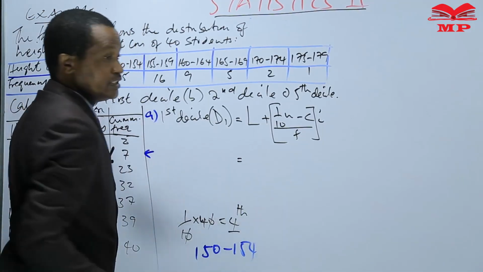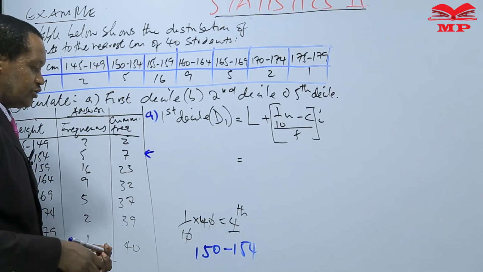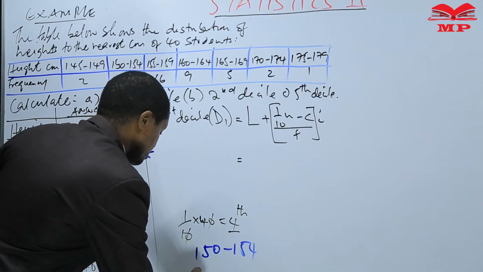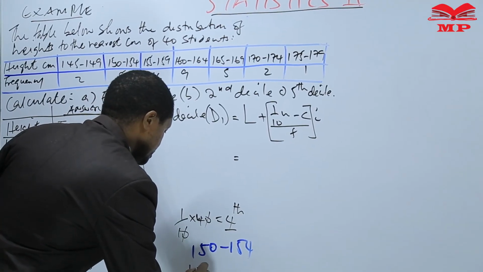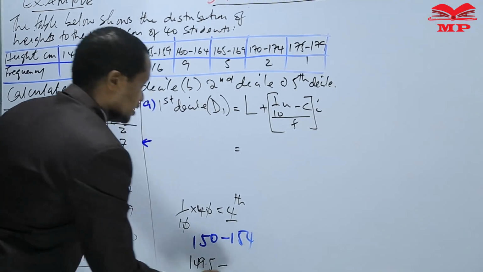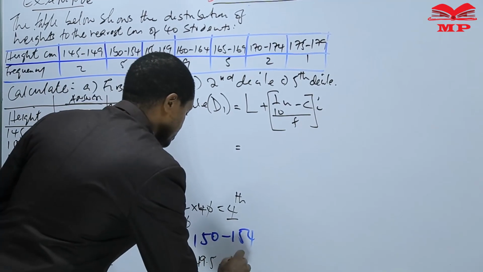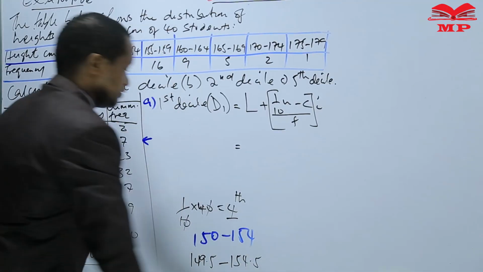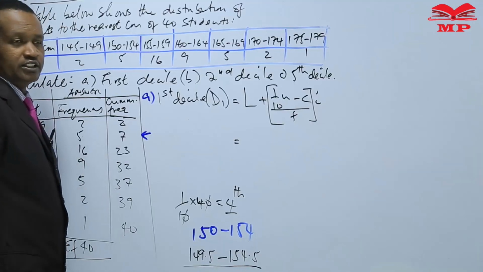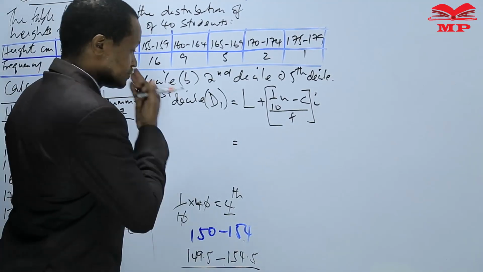L is the lower class boundary, so we subtract 0.5 from 150, which gives 149.5, and we add 0.5 to 154, which gives 154.5. These are the class boundaries of this class.